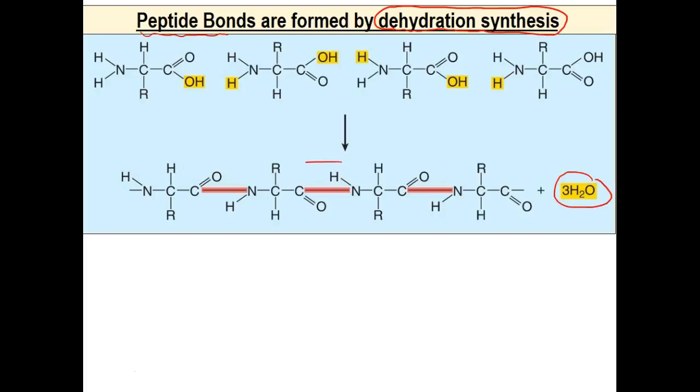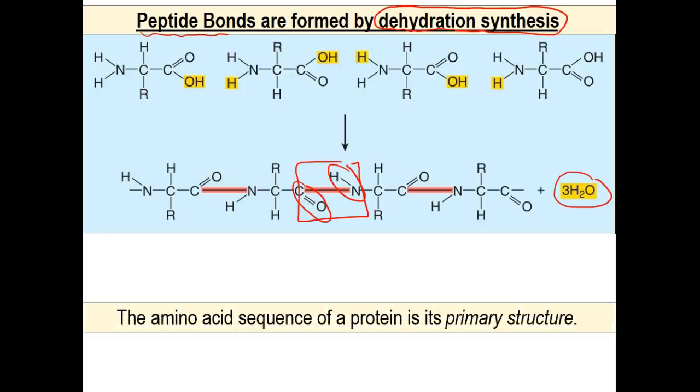And here you can see a peptide bond. It forms between the acid of one amino acid and the amino group of the other amino acid. And the amino acid sequence of a protein is known as its primary structure. So this would be a tripeptide.